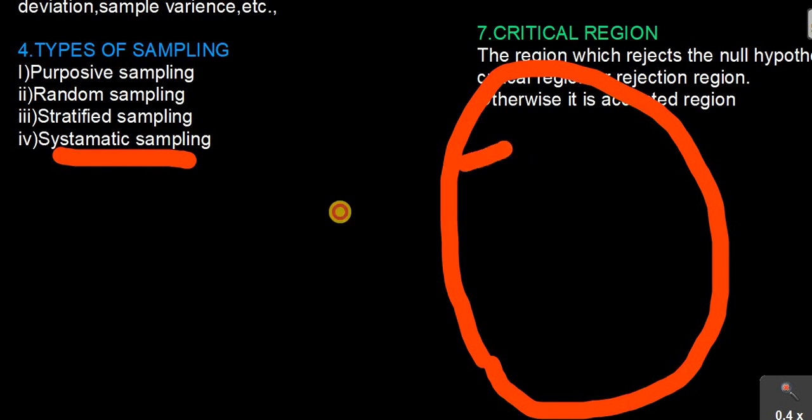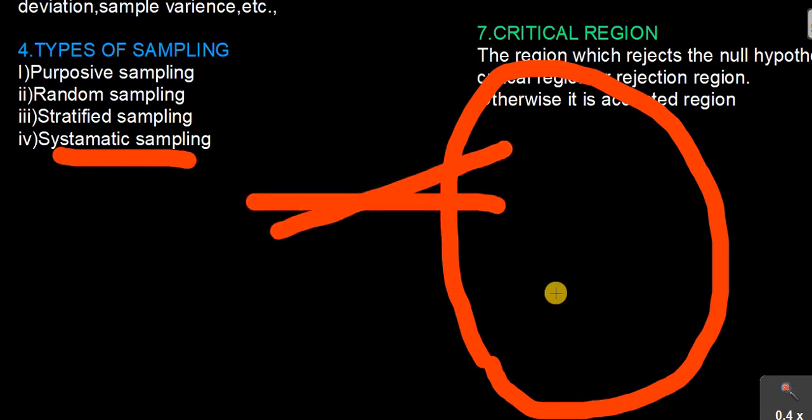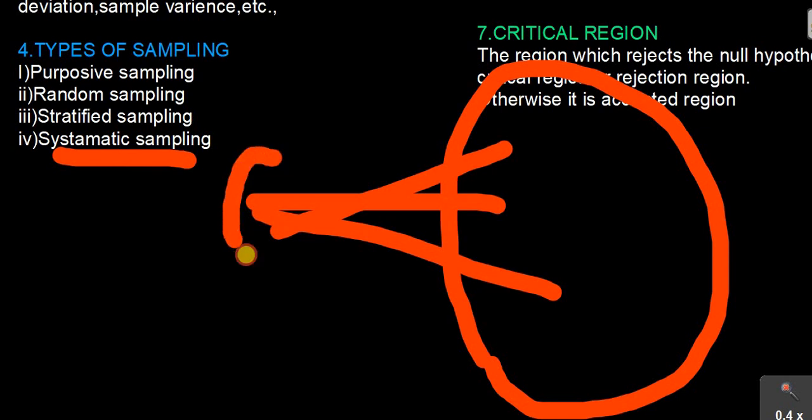So I have to select some small group. I make a small group of students from the class using some systematic idea.